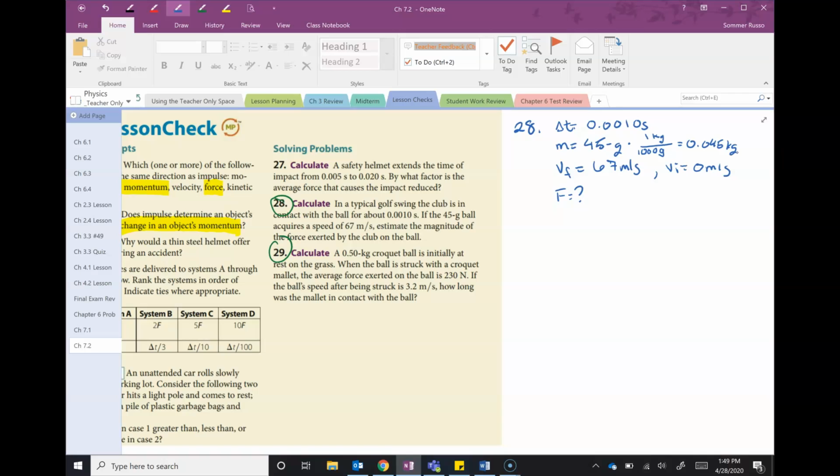All right, so we've got all of our variables sorted out. We know what we want. So let's identify our equation. We're looking for a force. We have a time interval. We have some difference of velocities, and we have a mass. Hopefully you realize that this is impulse.